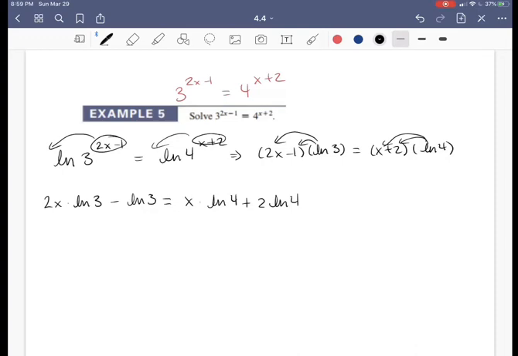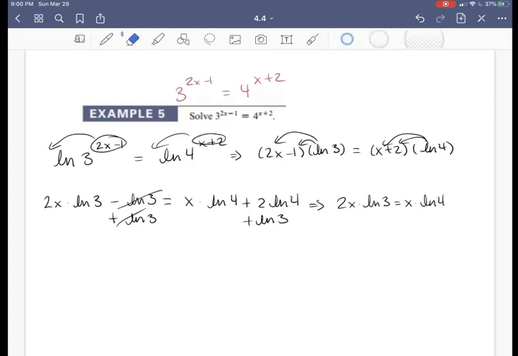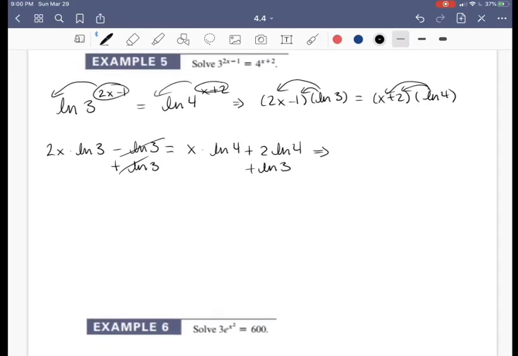Now I'm going to put all the variables on one side and the coefficients on the other. So that means I'm going to add natural log of 3 and subtract x times natural log of 4 to both sides. Let's rewrite that because it's going to get a little bit tight.